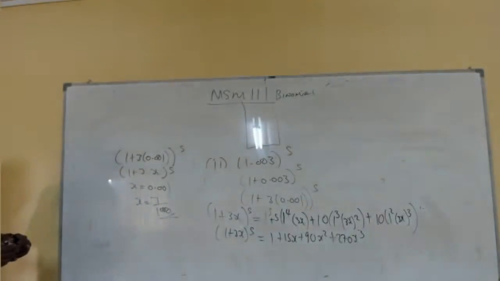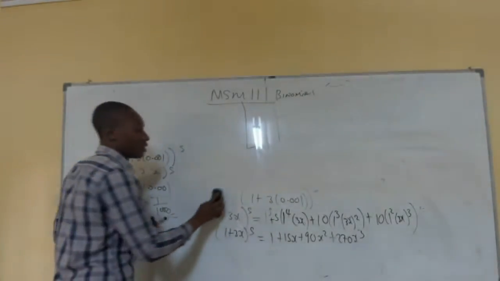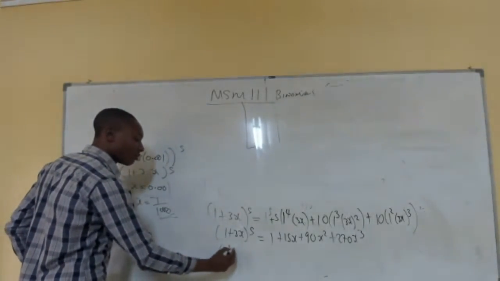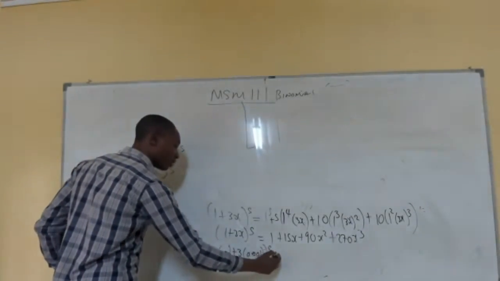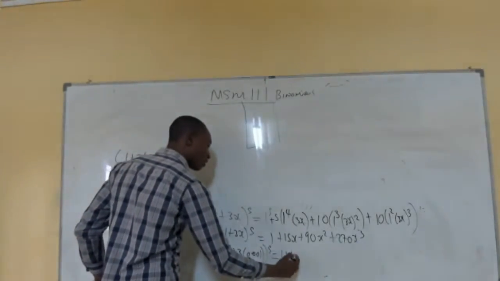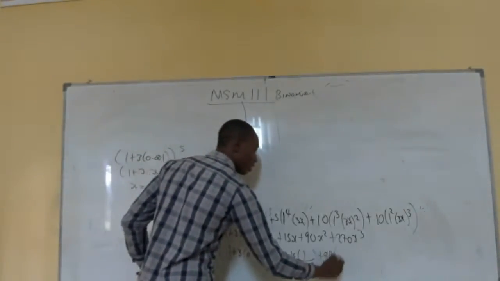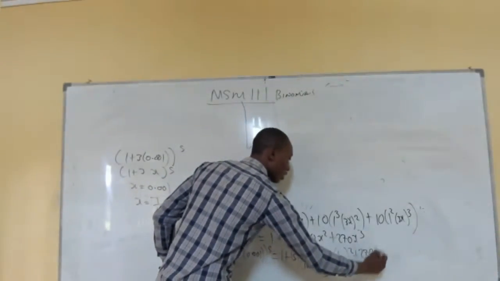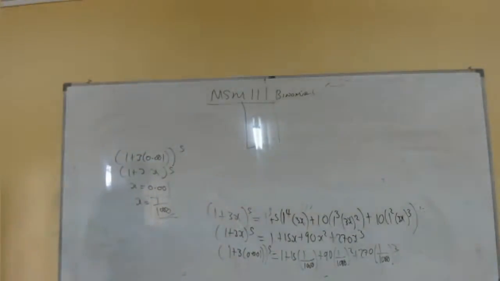Okay, so what is the expansion now? The expansion in question is therefore equal to (1 + 3(0.001))^5 = 1 + 15(1/1000) + 90(1/1000)^2 + 270(1/1000)^3. Okay, so this is what we have.